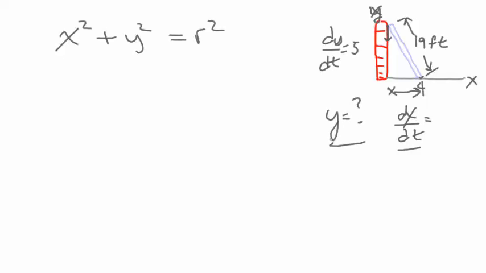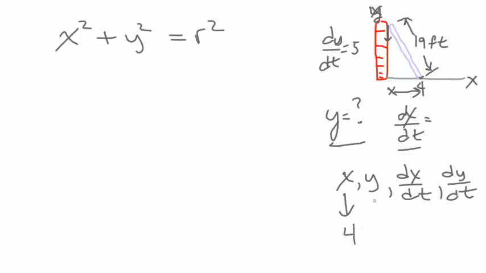We don't know what y is. We don't know what dx over dt is, right? So we need to know x, y, dx over dt, just writing down some of the things we need to know here. Dy over dt. Well, we know x is 4, but we don't know what y is.